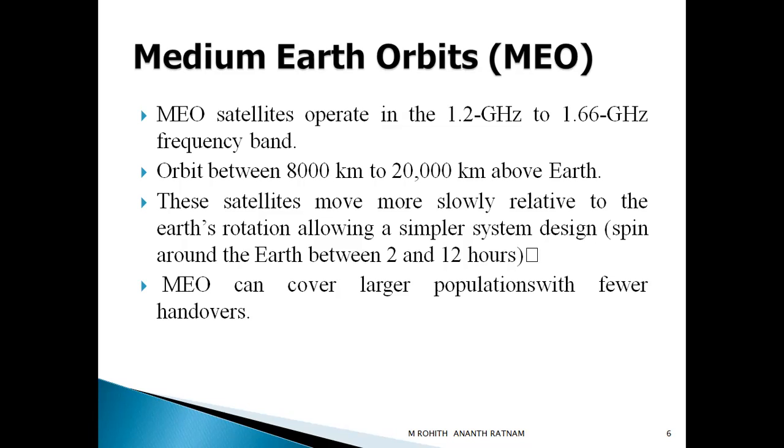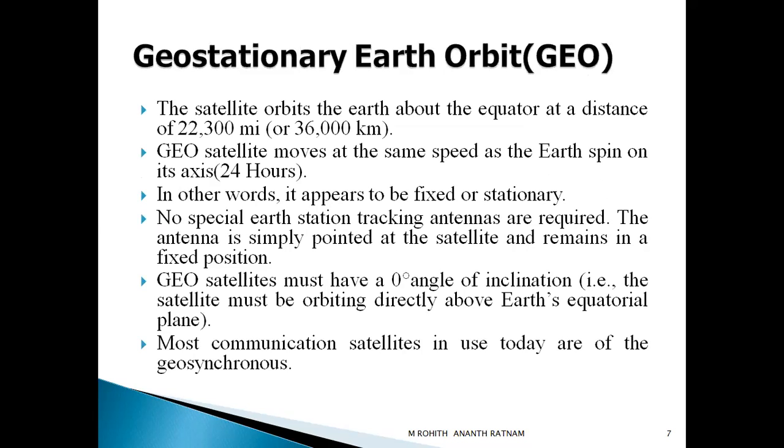We have many satellites in MEO, which take about 12 hours to complete the total rotation around the Earth. The frequency band could be 1.2 gigahertz to 1.6 gigahertz. In most cases we prefer to go with MEO in different applications.